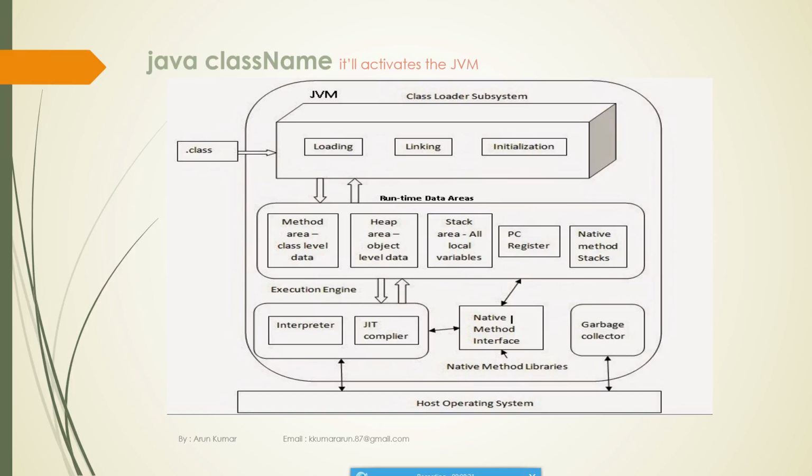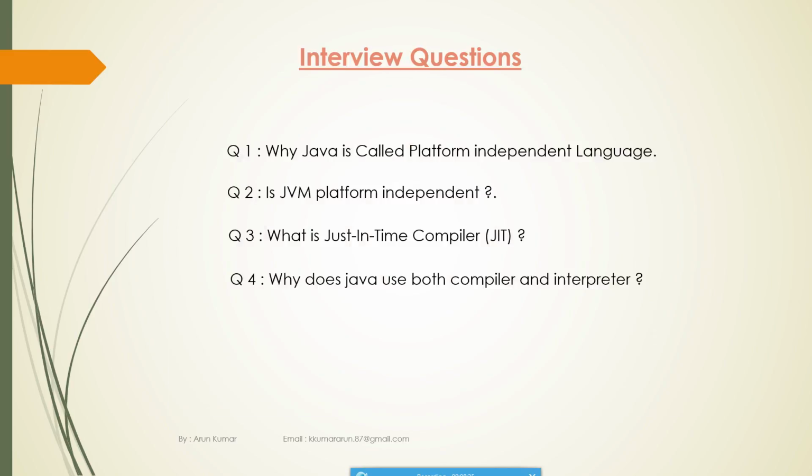Now come to the interview questions. Now basic interview questions. Why is Java called a platform independent language? You can say that due to the class file, Java is a platform independent language. Now how? Because the .class file is byte code. It's not as per the machine, because Java works on the WORA concept: write once, run anywhere.